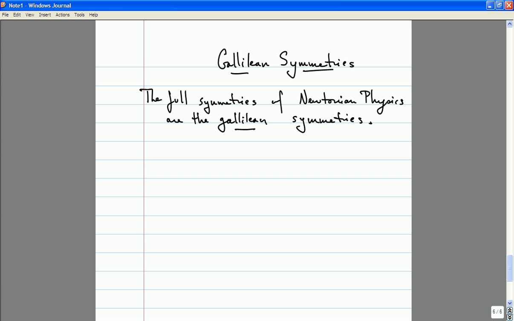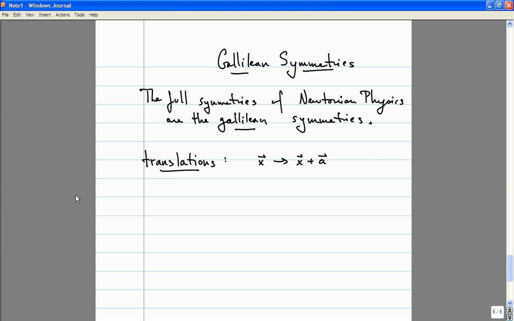What are they? Well, they are the translations. So if you have a vector and you translate it, then that's an element of the Galilean group of symmetries of Newtonian physics. That's just a statement that if you have a laboratory and you do an experiment, and then you take the laboratory and you move it over 1 foot to the left, and you do the same experiment, then you won't see any difference in your experimental outcomes. So that's a symmetry of Newtonian physics.